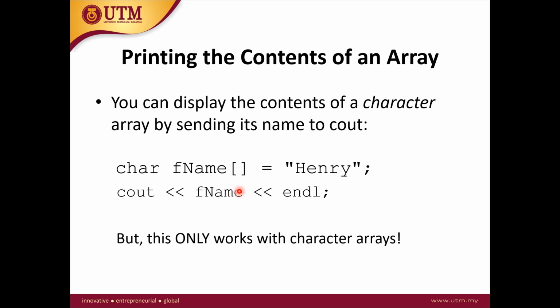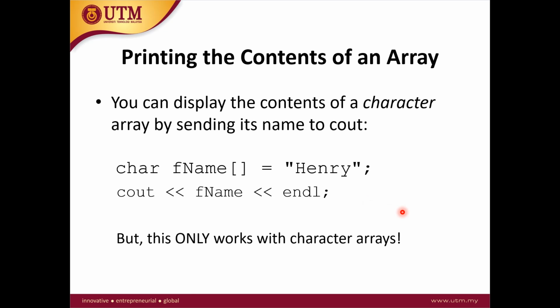How to show, display or print the content of an array. We can pass the name of the array if we have a string or character array. You can pass only the name of the array, but this only works with character arrays. So when an array contains a string or some characters, this only works in this case.